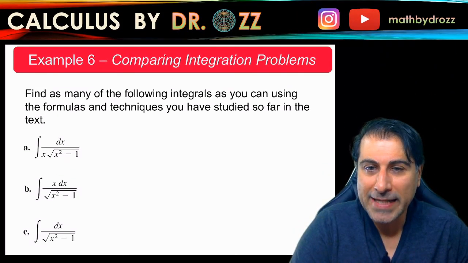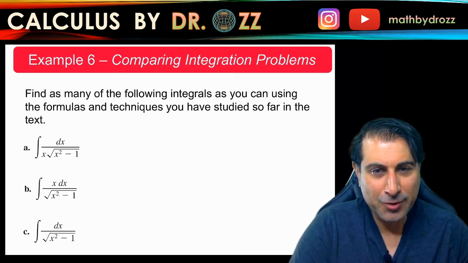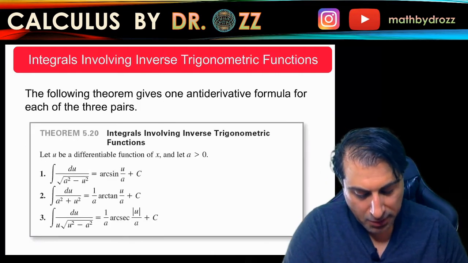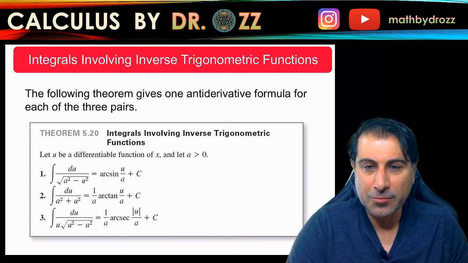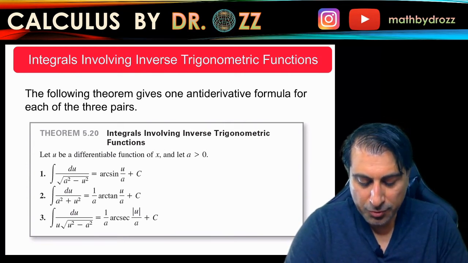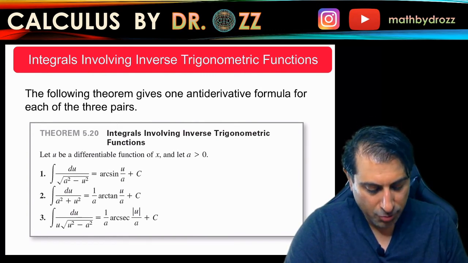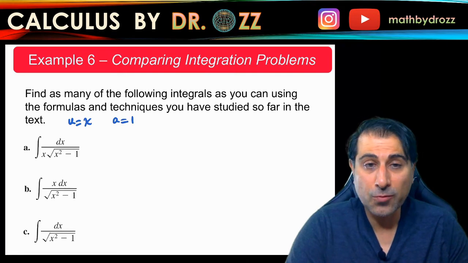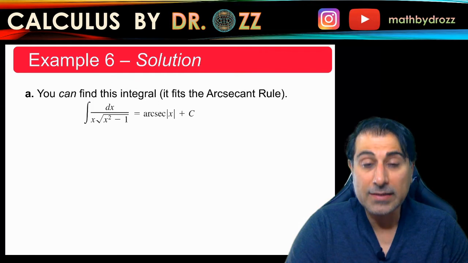The first one is dx over x radical x squared minus 1. This, in fact, resembles one of the formulas that we learned in the first learning objective. We can immediately bring that table in, or you can check from the basic integration rules. So you have du over u radical u squared minus a squared. If you take u to be x and a to be 1 in the last formula, then this integral looks like an arc secant type integral.